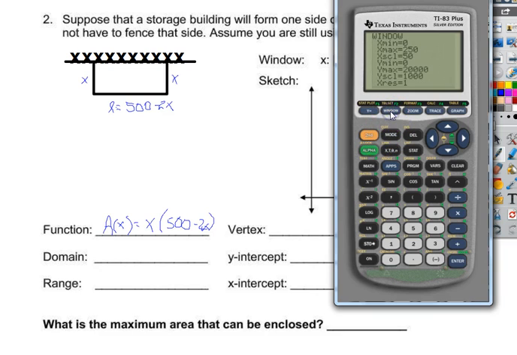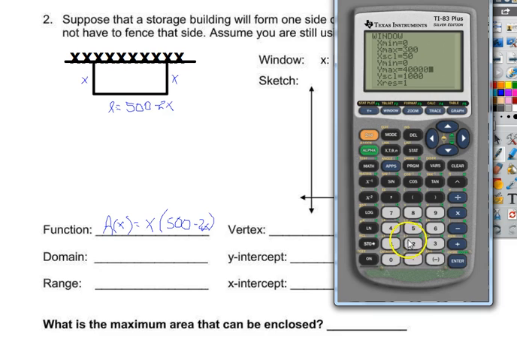I'm going to go to the window, and our x min is still 0, and our x max, I wrote down 300, so we're going to write down 300. This time is just so I can show y'all. Our scale is still 50. For the minimum, I said we were going to go with 0, and we're just guessing here, but I doubled it to 40,000.